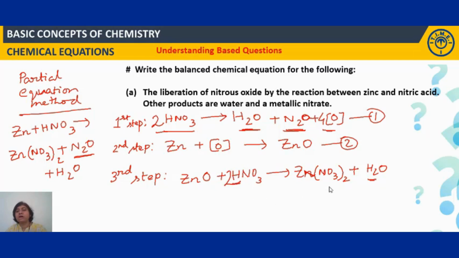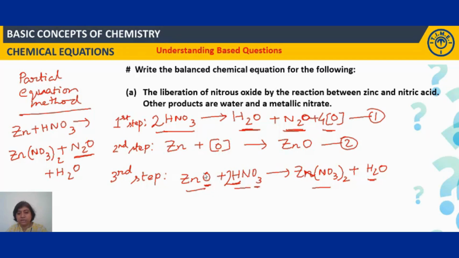Let us look at nitrogen then. So here there is no nitrogen on the zinc oxide side. In nitric acid, now 2 molecules of nitric acid are there, so 2 nitrogen atoms. Right hand side you see 2 nitrogen atoms because nitrate is taken twice. Okay, so our zinc is balanced, our hydrogen is balanced, our nitrogen is balanced. Now let us look at oxygen atoms.